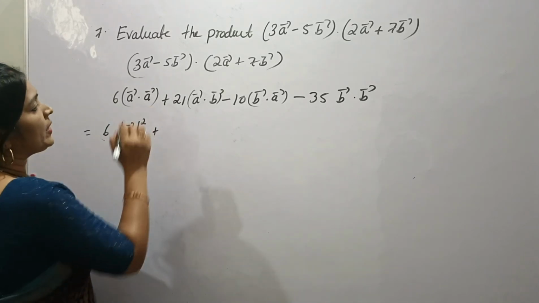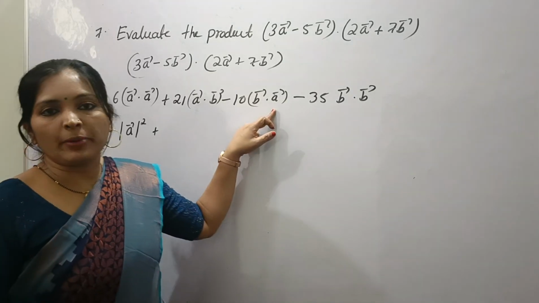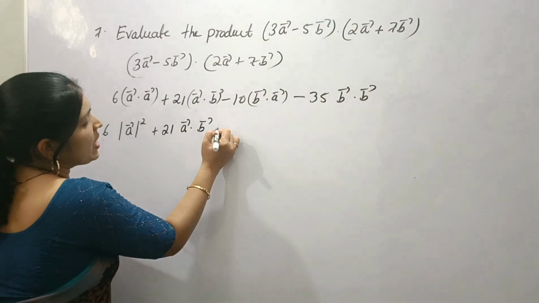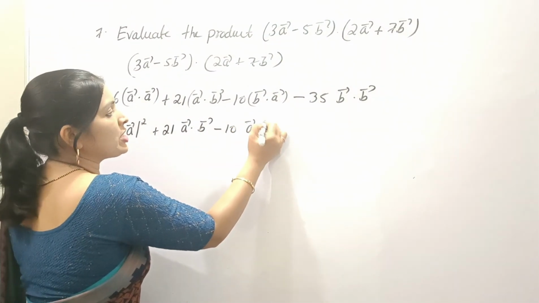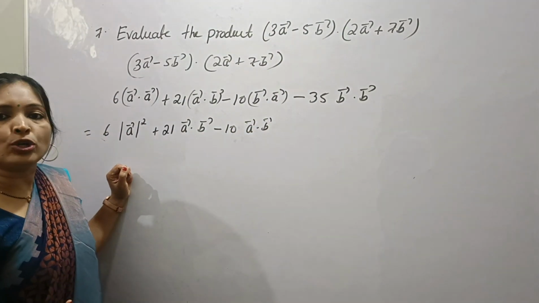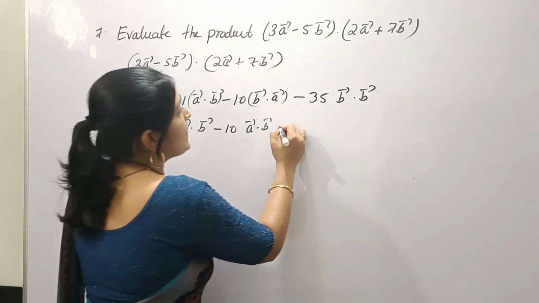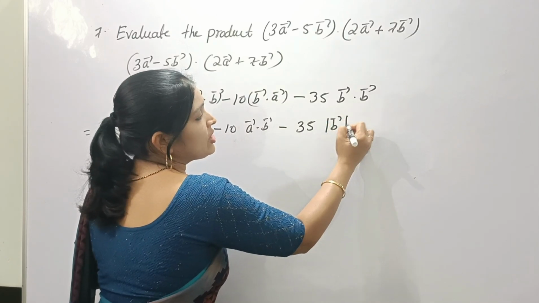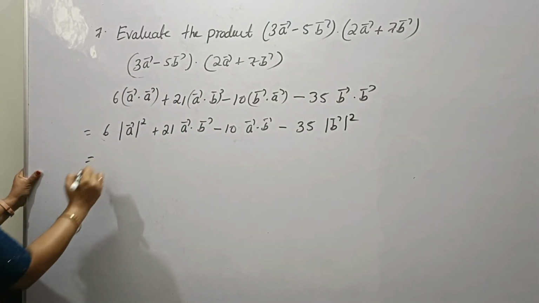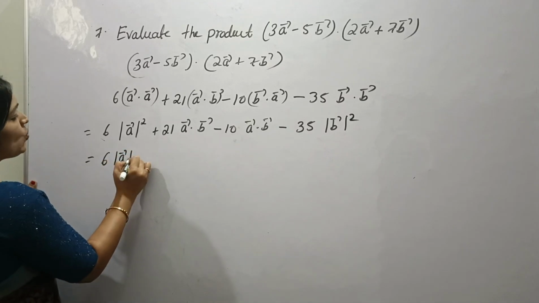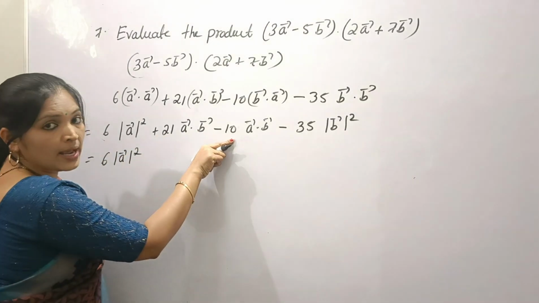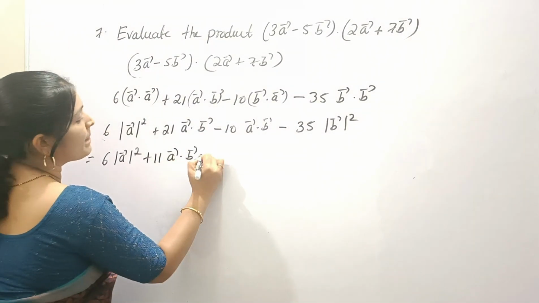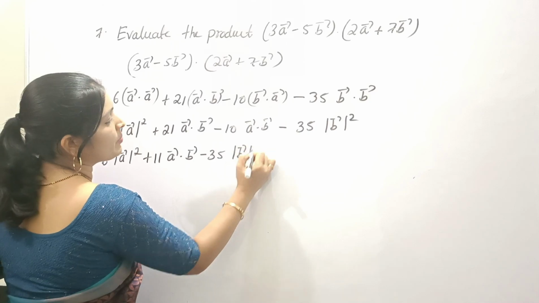Plus here vector A dot B is equal to vector B dot A, so I will write one more step: 21 vector A dot vector B minus 10 vector A dot vector B, because vector B dot vector A is equal to vector A dot vector B. Minus 35 vector B dot vector B is modulus vector B square. That is equal to 6 modulus vector A square. Here 21 minus 10 is 11. So plus 11 vector A dot vector B minus 35 modulus vector B square.